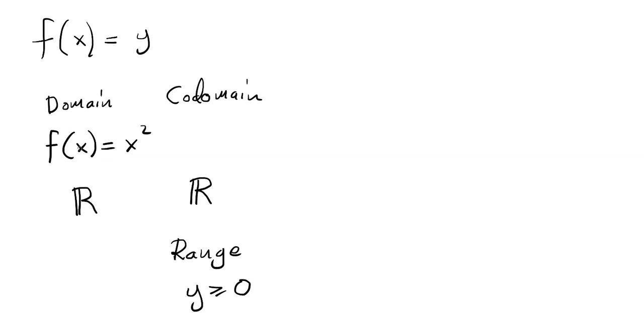So if you plug in all real numbers here, what you will get out is a set of y's, and those y's will be all y's larger than or equal to 0. So this is called the range. The codomain is what potentially they could end up in, and the range is what in reality they will end up in.